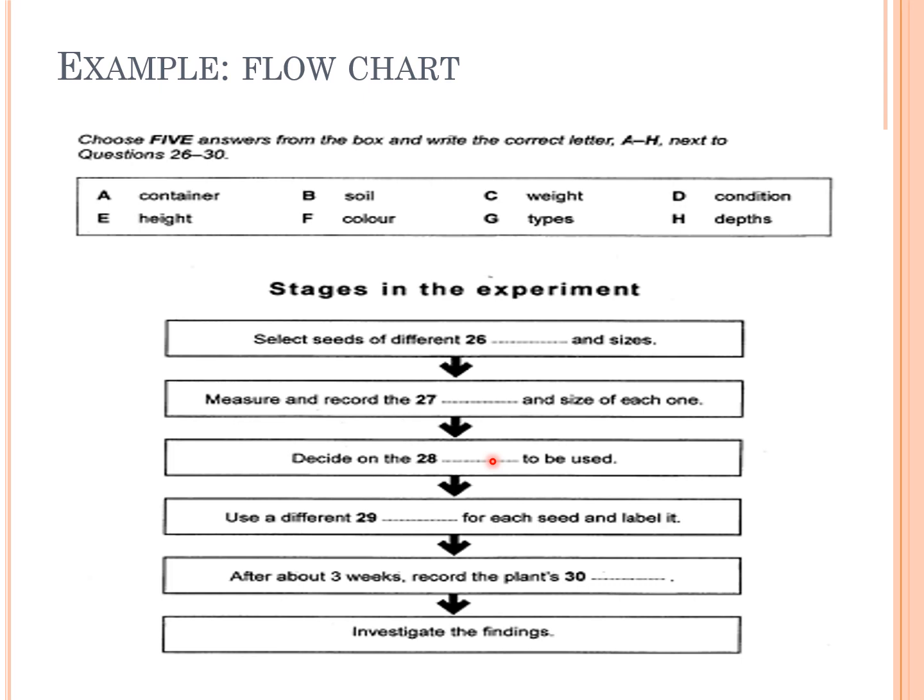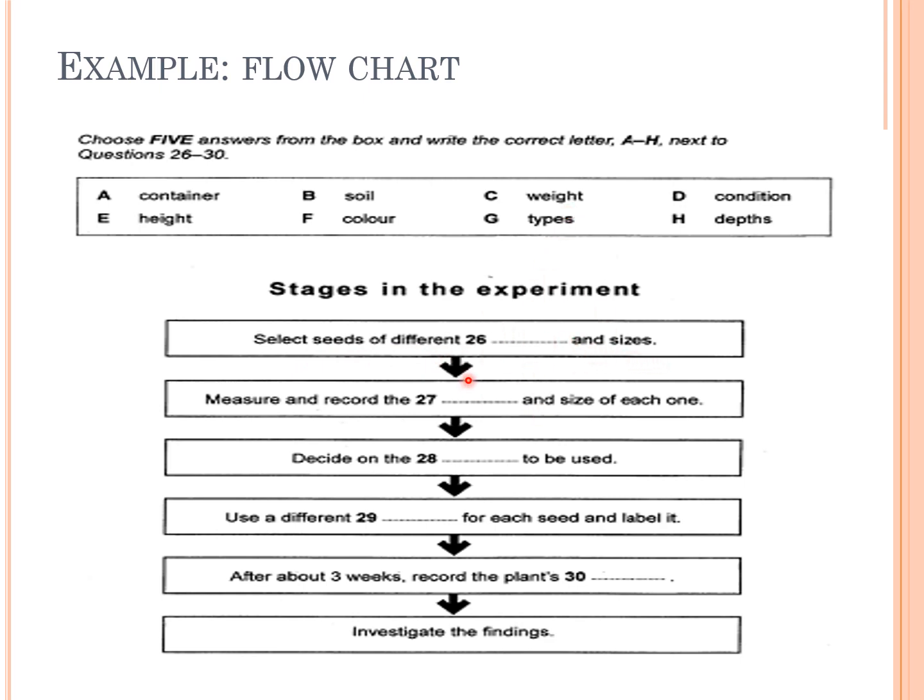instructions. When you hear the recording, you will not hear the exact words like weight or types. You can hear kinds, and a soil, a color. You can hear different words, like synonyms for these words. So look for the synonym. You can predict it before the audio starts. Something like select the seed of different weight and sizes.